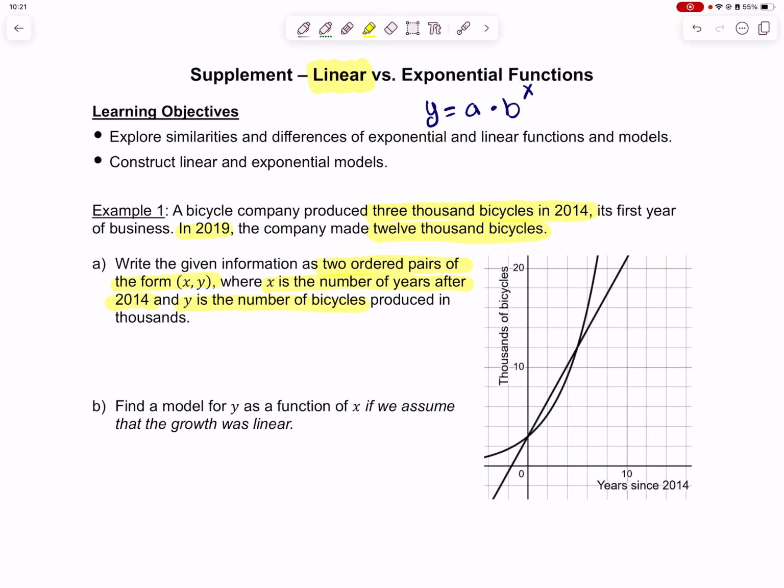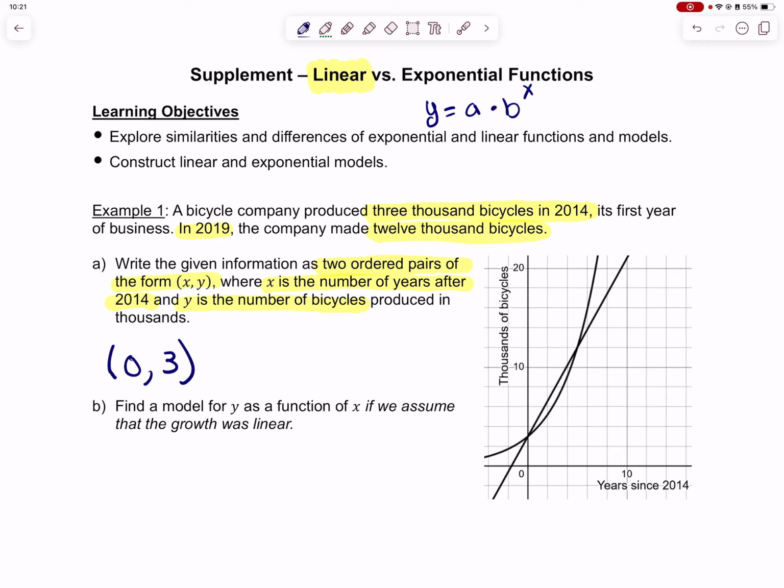The "in thousands" just makes our numbers a little bit easier to work with for our equations. So our first one, we were told that in 2014, they made 3,000 bicycles. So our ordered pair (x, y) would be 0 years after 2014, comma, 3 for our 3,000 bicycles.